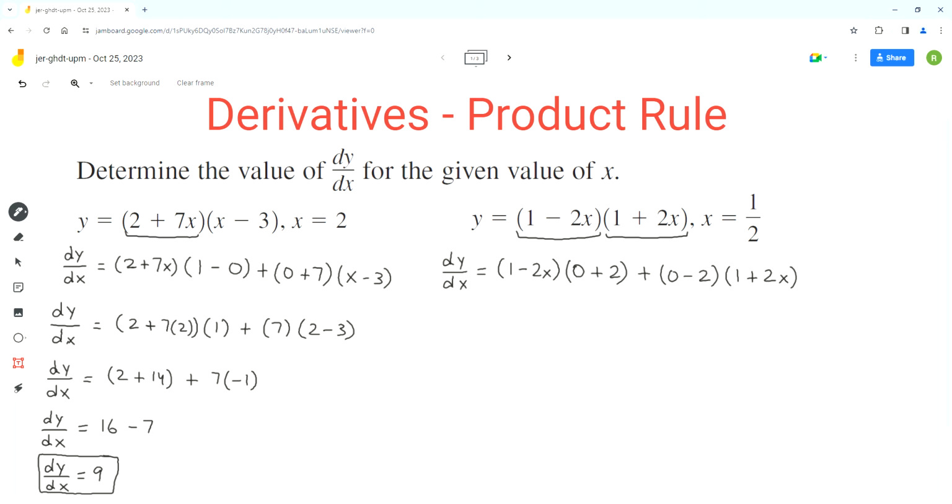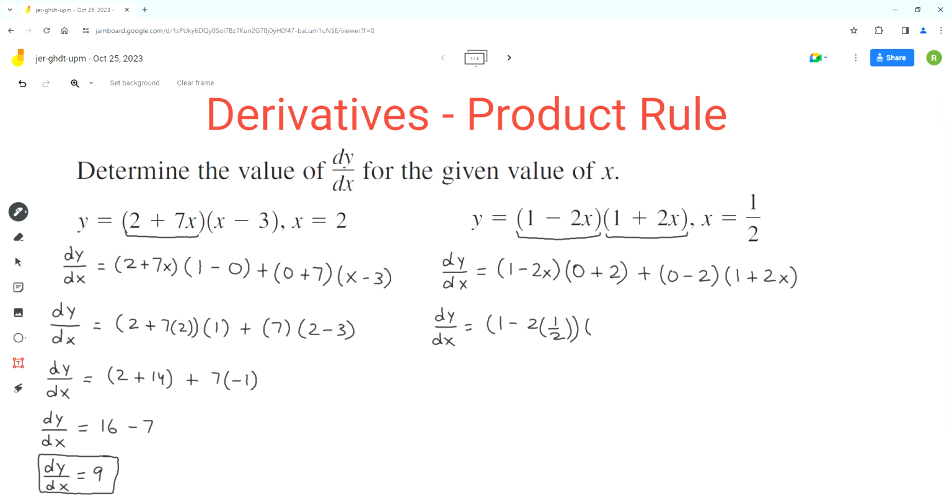Now we can sub in x as 1 over 2, so we don't have to simplify this expression before we sub in x as 1 over 2. So we get dy over dx equals, in the first parentheses, 1 minus 2 times 1 over 2.